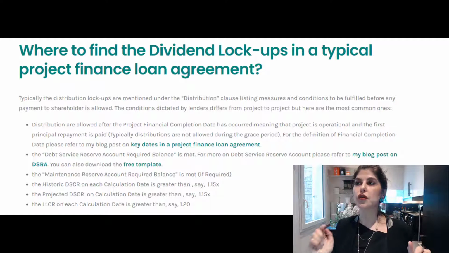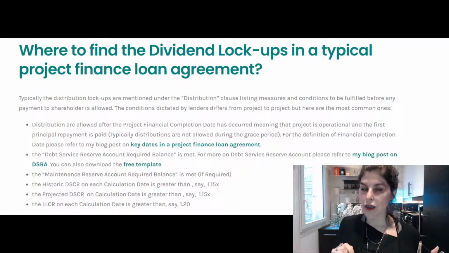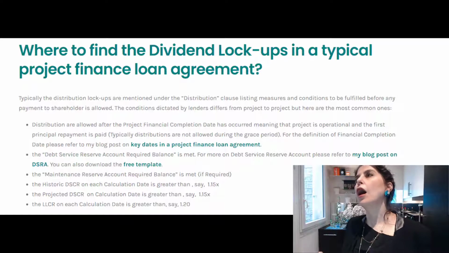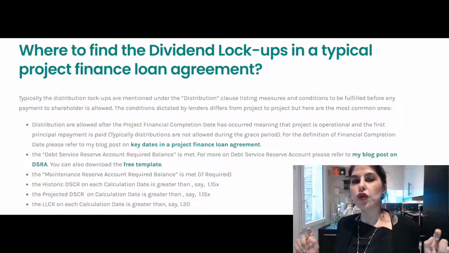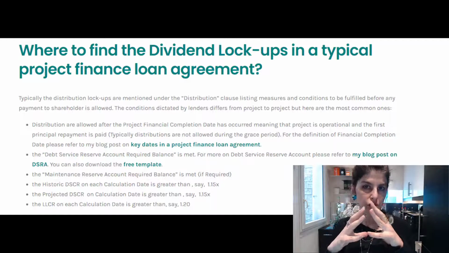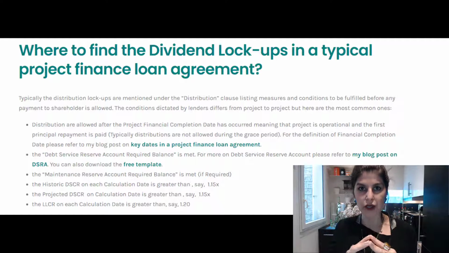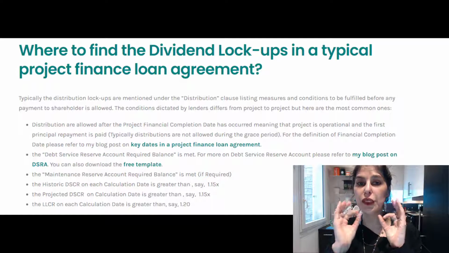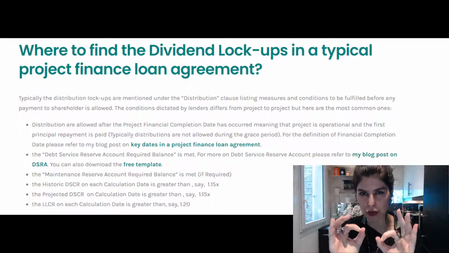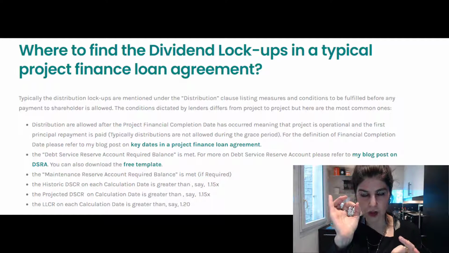So one of the other requirements, they call it covenants, is that the balance of that reserve account, debt service reserve account or the maintenance reserve account, is met before you can distribute any dividends, any shareholder loan interest, any shareholder loan principal to the investor. You need to make sure that the balance of those accounts are met.